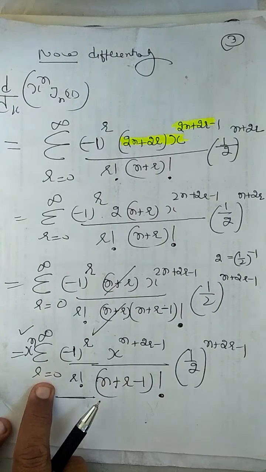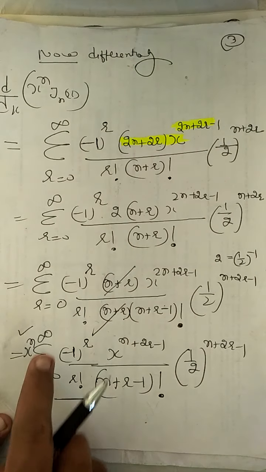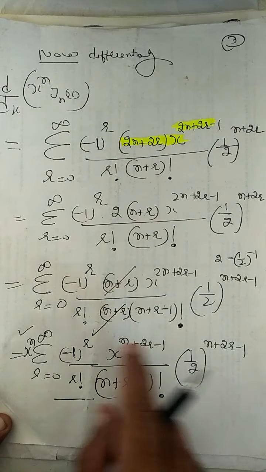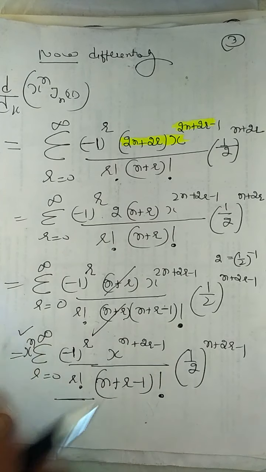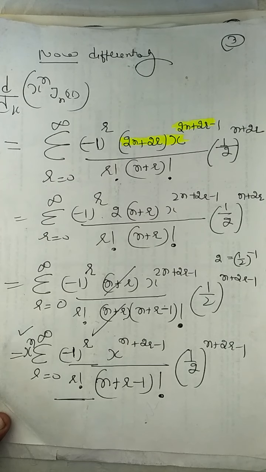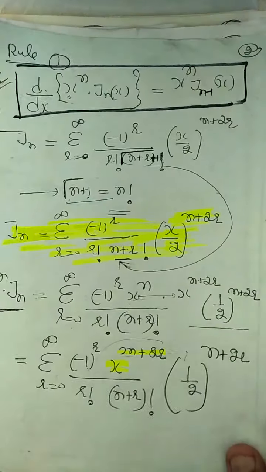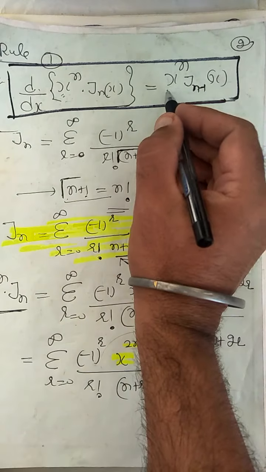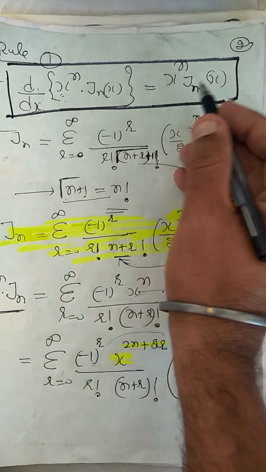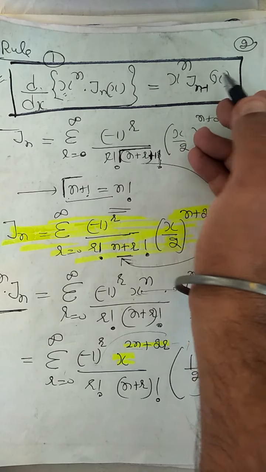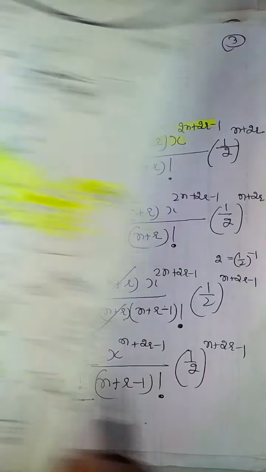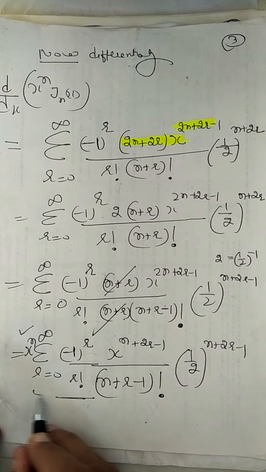As the summation varies from r equal to 0 to infinity, there is no problem in taking x raised to the power n outside. Why do we take x raised to the power n outside? See the requirement: you have to prove x raised to the power n into J n minus 1 (x). So we take this term out.